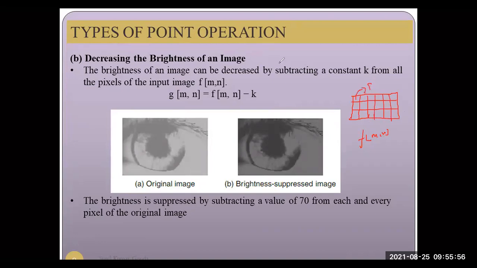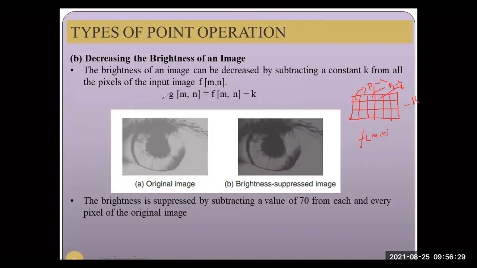To decrease the brightness, I have to subtract a constant value k from each pixel. So this is p1 minus k, similarly p2 minus k, and p3 minus k. This is how we obtain a decreased brightness image, by subtracting the constant value k from the original image.